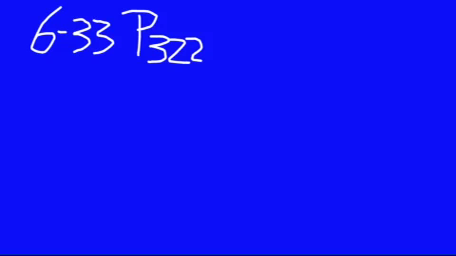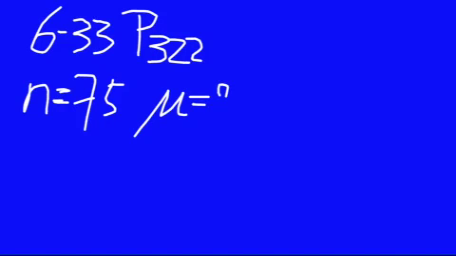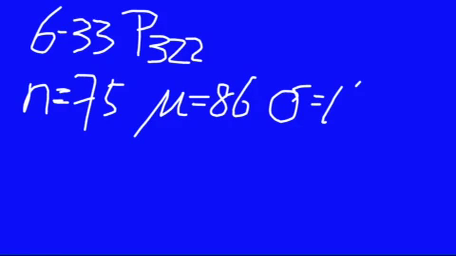But in the research, when your sample size is quite large, like in this case, the sample size is 75, so we can use the central limit theorem. In the population, the mean is 86, with standard deviation 16.